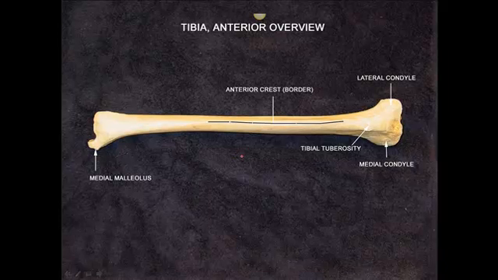So here's your tibia. That's the larger bone in your lower leg. It's the one on the medial side. When you run your hand down your leg, this is the pointy part. It feels real sharp. That's the anterior crest. Okay. This is lateral, right?